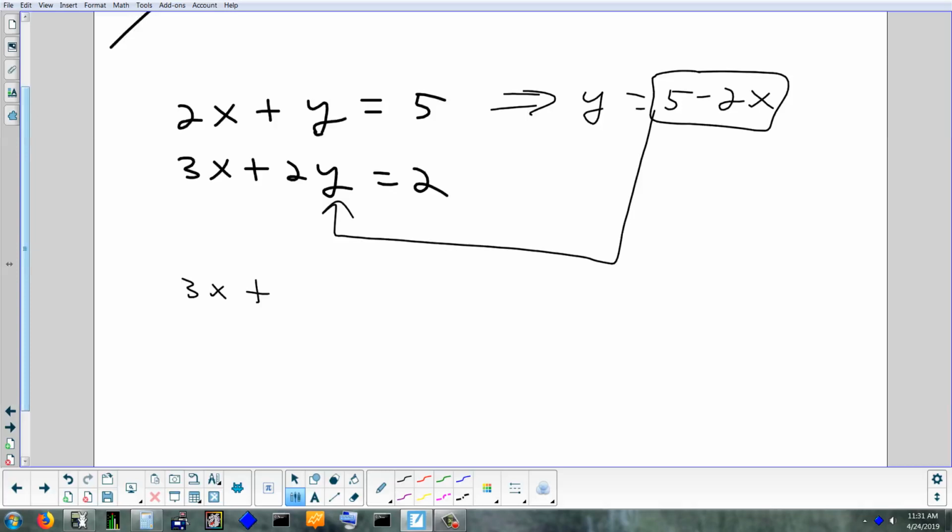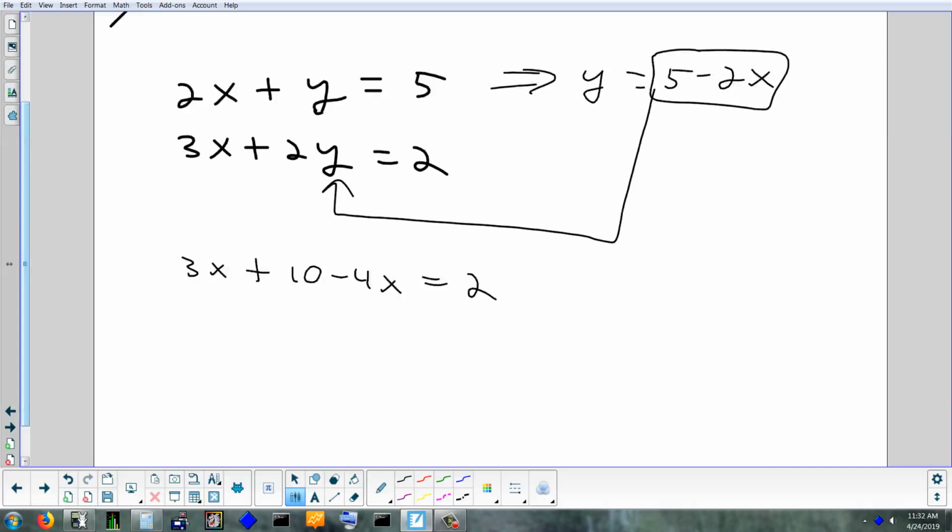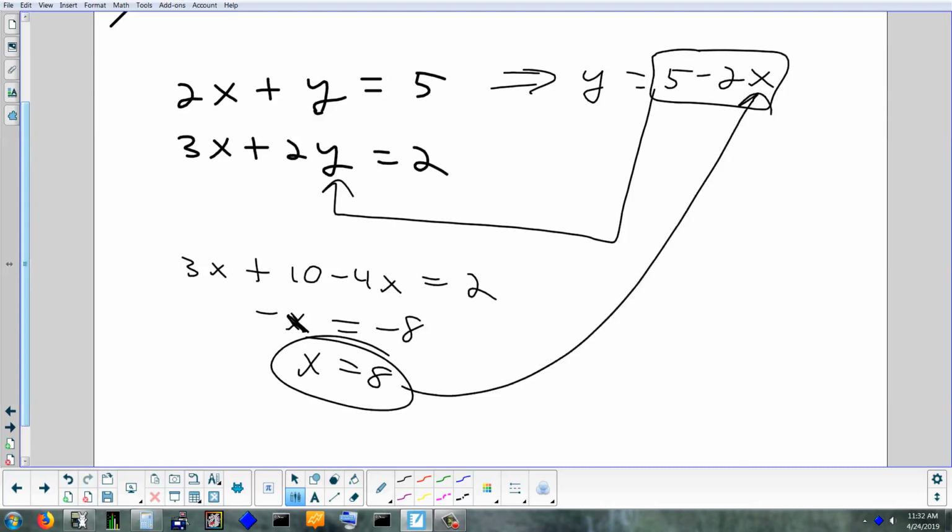So 10 minus 4x, that's 2y, equals 2. Okay, and now just solve for x. So we're going to get, what, negative x on the left, and 2 minus 10, negative 8 on the right. So x is 8. Plug x back in, and we can get y.